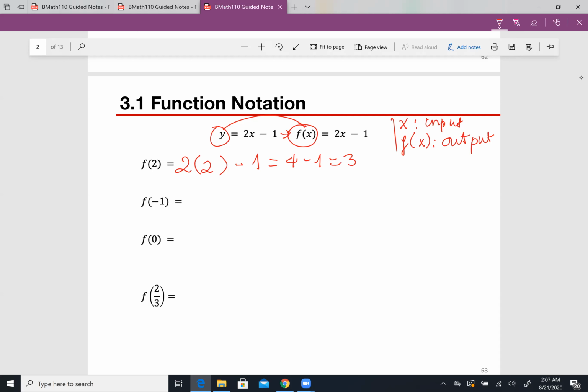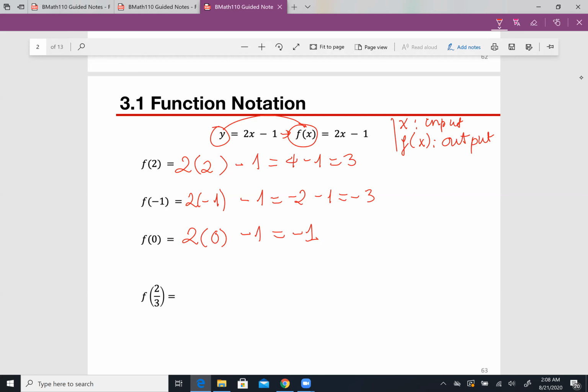Similarly, f of negative 1 is going to be 2 times negative 1 minus 1, equal to negative 2 minus 1, equal to negative 3. And f of 0 is going to be 2 times 0 minus 1, equal to negative 1.